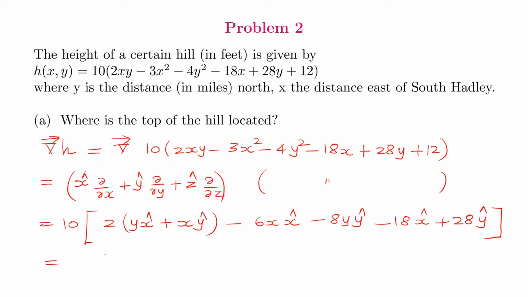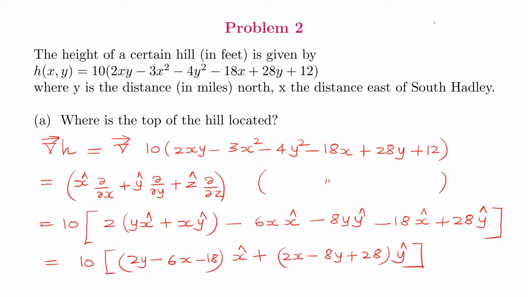So when we rearrange the terms for x cap and y cap, we'll have 10 times ((2y minus 6x minus 18) x cap plus (2x minus 8y plus 28) y cap).